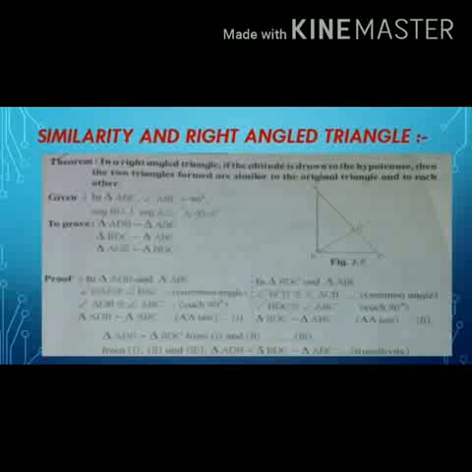Then see equation 1 and 2. In equation 1, triangle ADB is similar to ABC, and in equation 2, triangle BDC is similar to triangle ABC. It means that the right hand sides of both equations are equal.